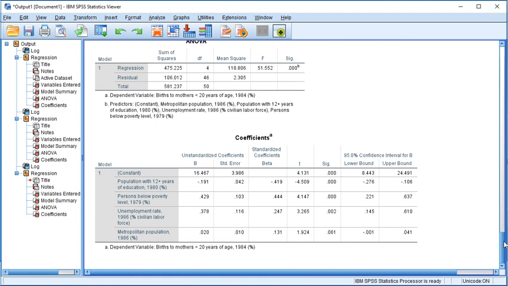And that implies then at the 95% confidence level, it's likely that this sample came from a population where the relationship between these two variables, the metropolitan population and the births to young women, could very well be 0, so not a statistically significant relationship.